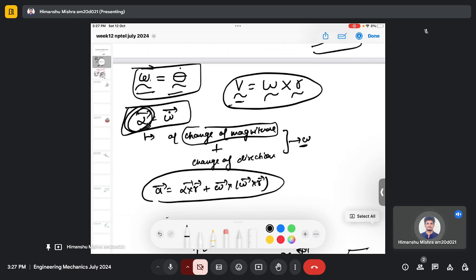So all these expressions we have already used to solve problems in the previous classes. And in this class, we will solve similar problems by using this vectorial notation in the three-dimensional system.